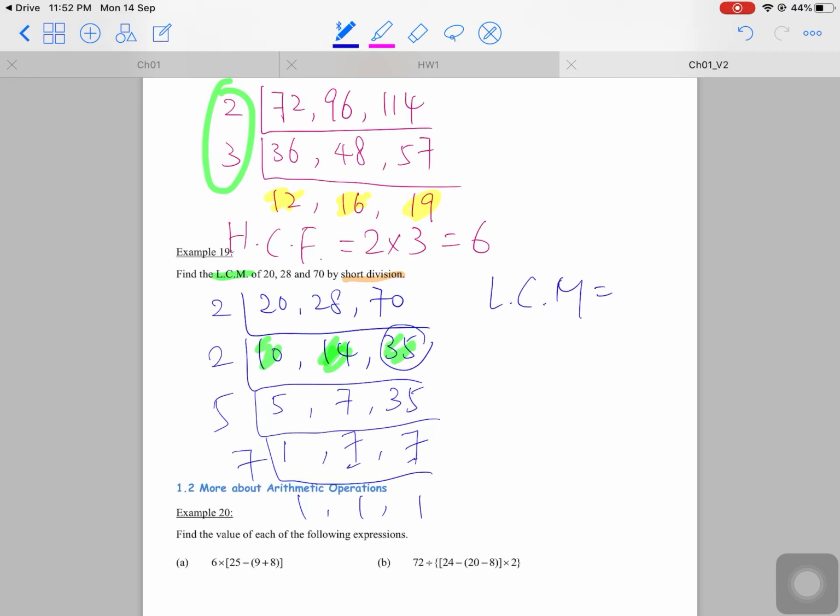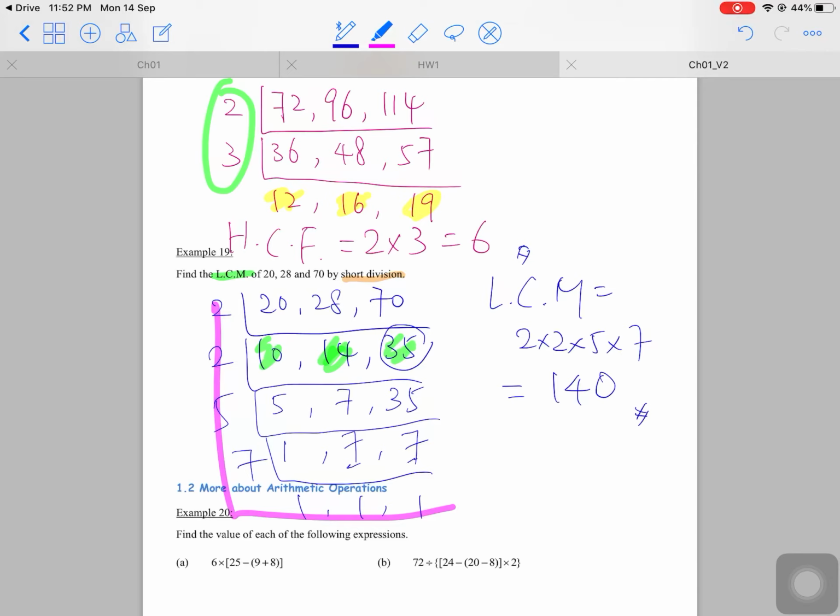The LCM is that times the numbers, like the letter L. So it is 2 times 2 times 5 times 7 times 1 times 1 times 1. Finally, it is 140.